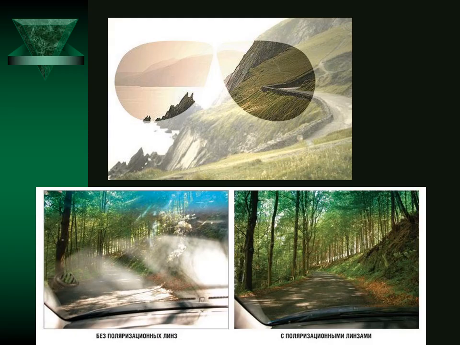Motorists also often use polaroids because in bright sunlight, light is also reflected from panels, plastic panels. So in order to compensate for these bright glares, they use polaroid glasses.